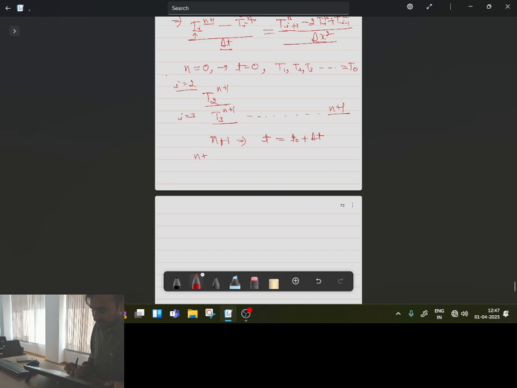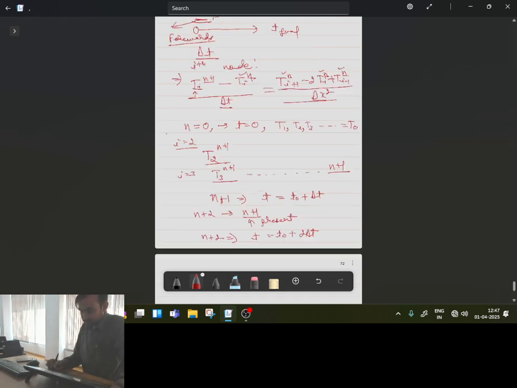When you will be calculating for n plus 2, then your n plus 1 will become the present value. After calculating that, at n plus 2, your time will become T0 plus 2 delta T. All are clear with this point?